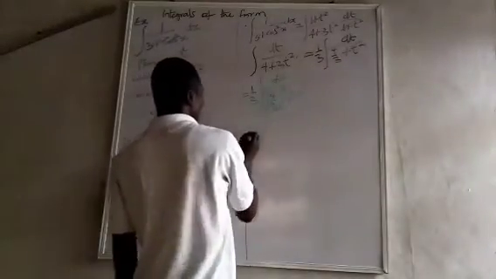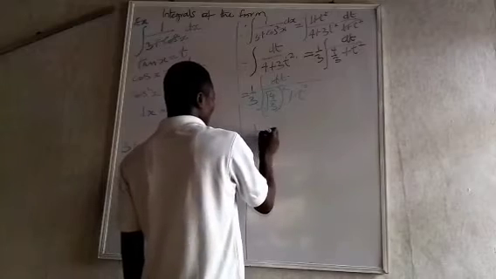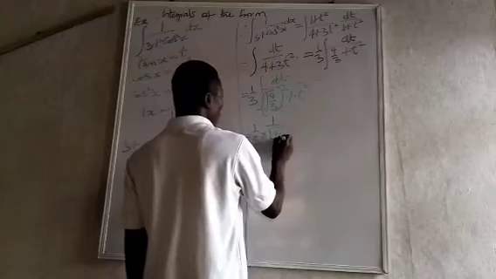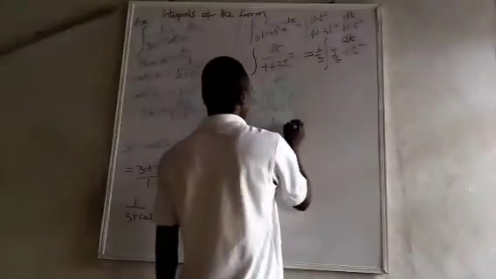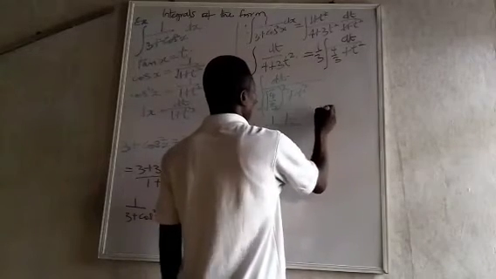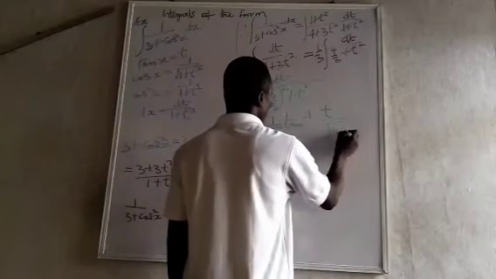On integrating, we are going to have 1 over 3 times 1 over root of 4 over 3 times arctan t over root of 4 over 3.